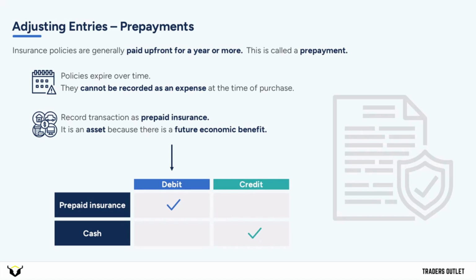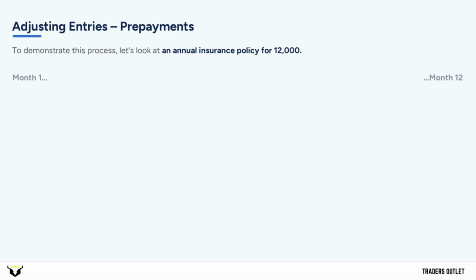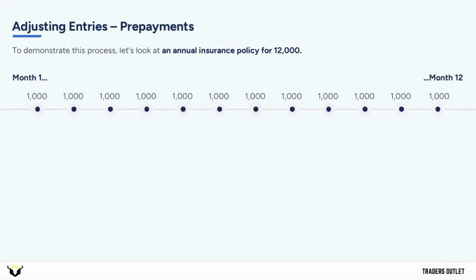Let's take a look at a real concrete example so we can all better understand how this process actually works. So imagine again that you've purchased a 12-month annual insurance policy for $12,000. So in a way, this means you're making a prepayment upfront for 12 months of insurance coverage, with each month essentially costing $1,000, just taking the $12,000 and dividing it by 12 months.